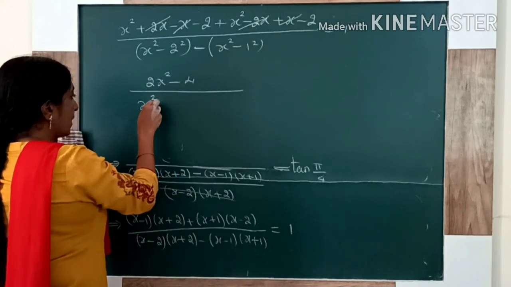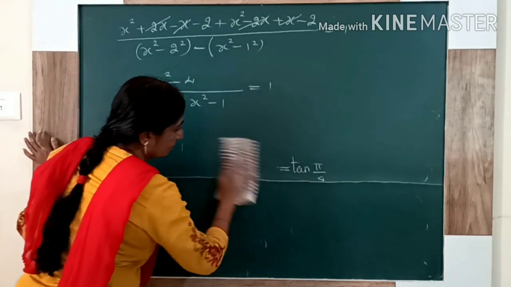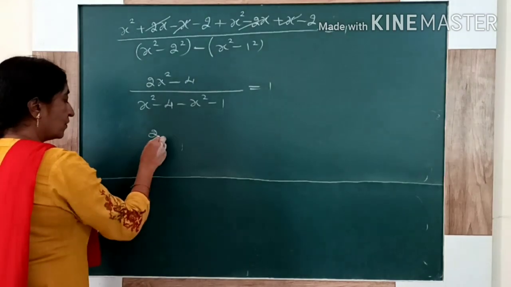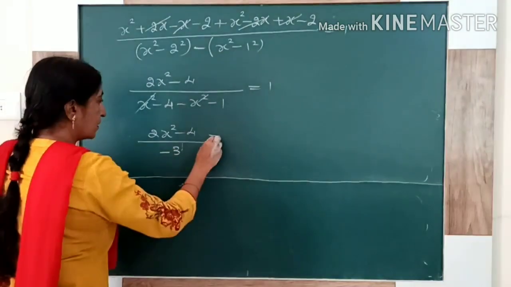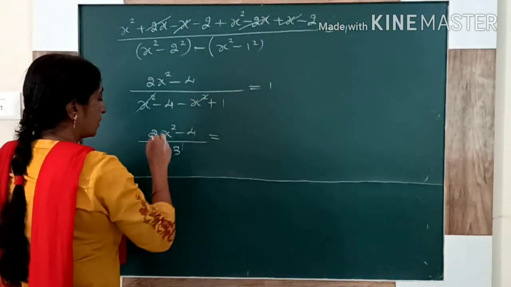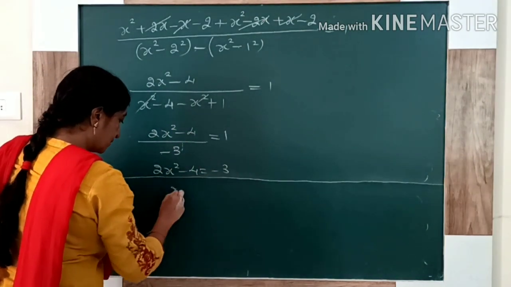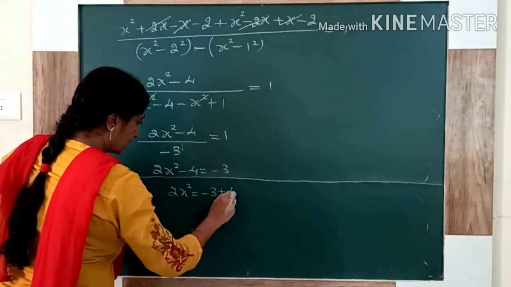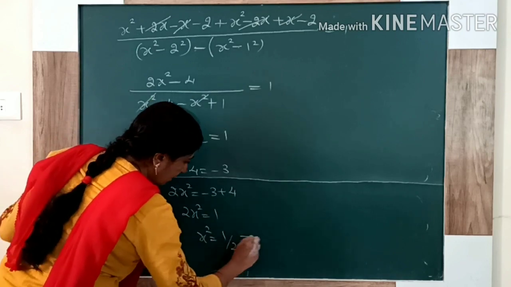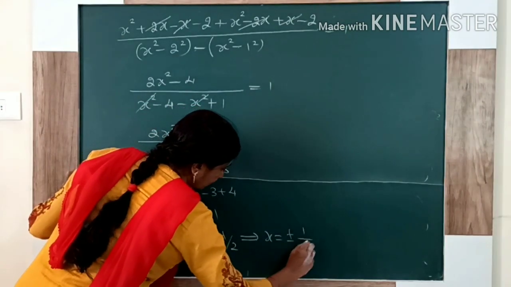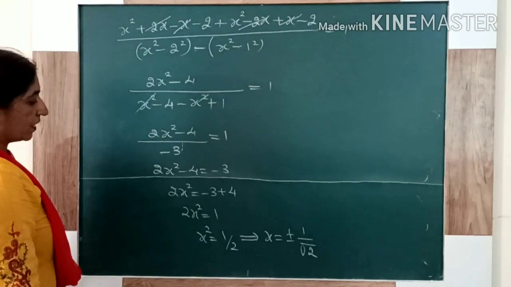In the denominator, remove the brackets. It is 2x square minus 4, plus x square minus x square cancelled, minus 3, minus into minus plus, so minus 3 is equal to 1. Cross multiply. After that, take the square. So this is how we find the value of x.